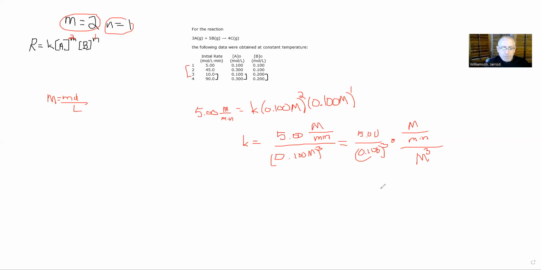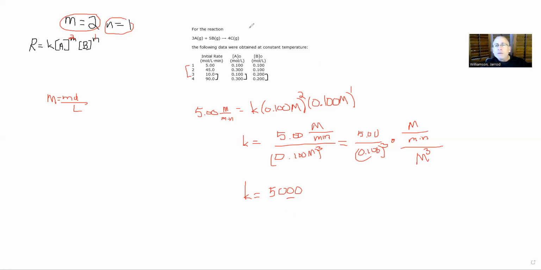Get my calculator out. Clear. 5 divided by 0.1 divided by 0.1 divided by 0.1. That gives me 5,000. That's not 3 sig figs just yet, but I'm going to underline that, telling me that that's my least significant figure as a reminder right here.